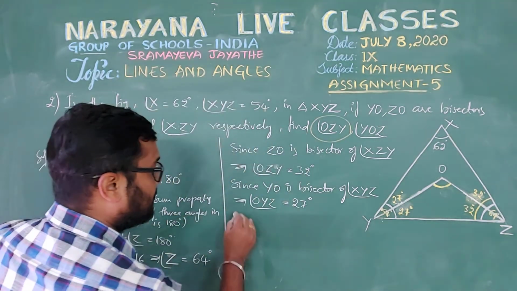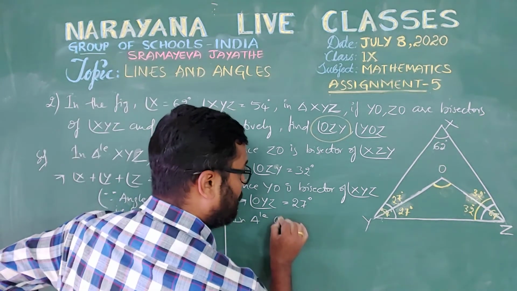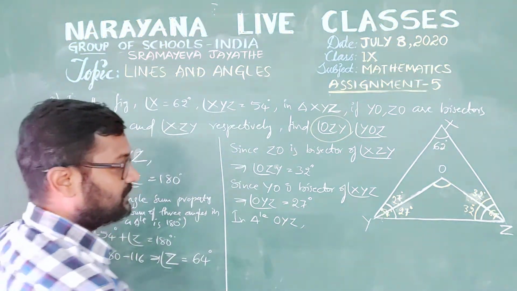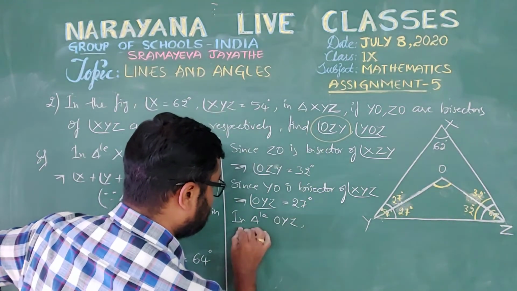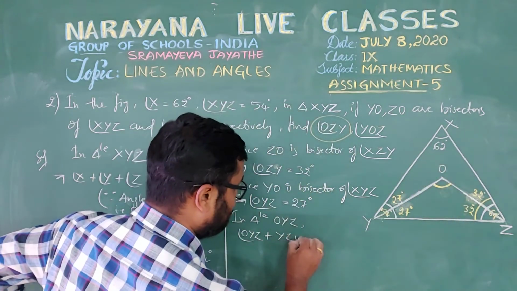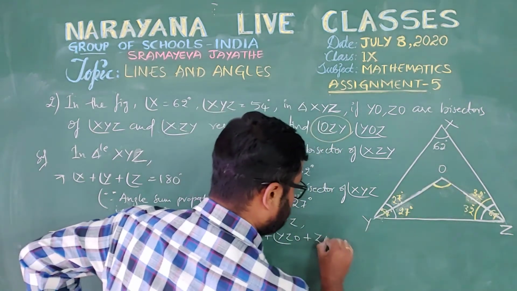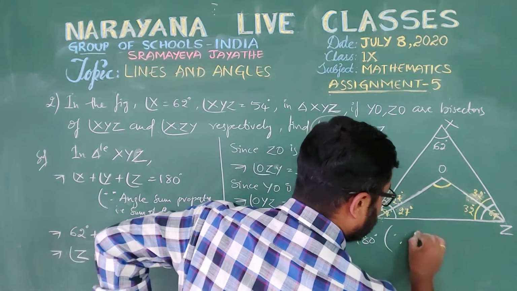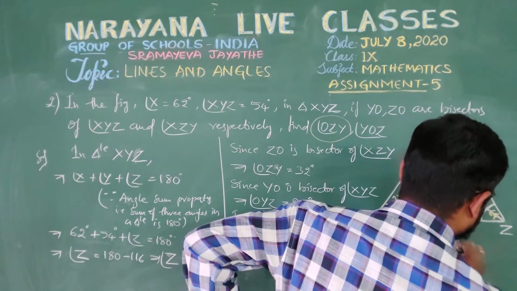So now take in triangle OYZ, angle OYZ plus angle YZO plus angle ZOY is equal to 180 degrees, since the angles are proper.